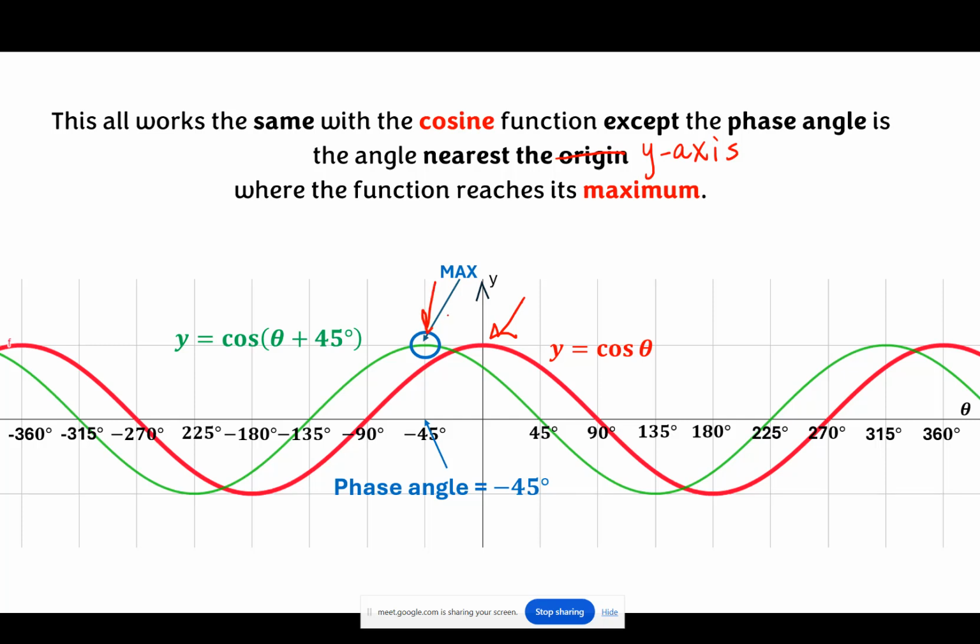Now, wherever that happens, to the right or left of the y-axis, the closest place, that is going to be the phase angle. So for this green graph, we have added 45 to theta in our equation, so it has moved the graph left, and the phase angle is -45 degrees.